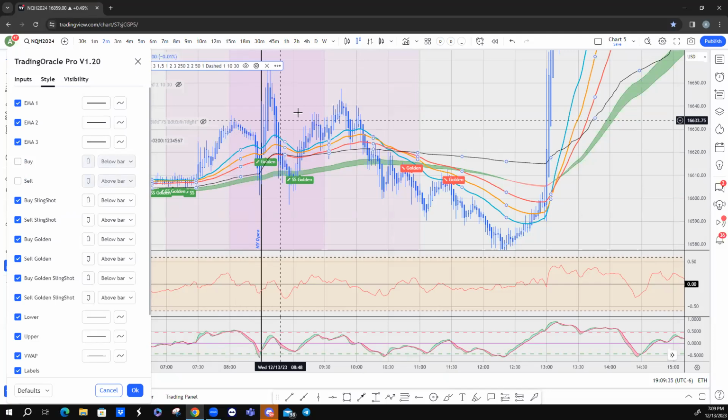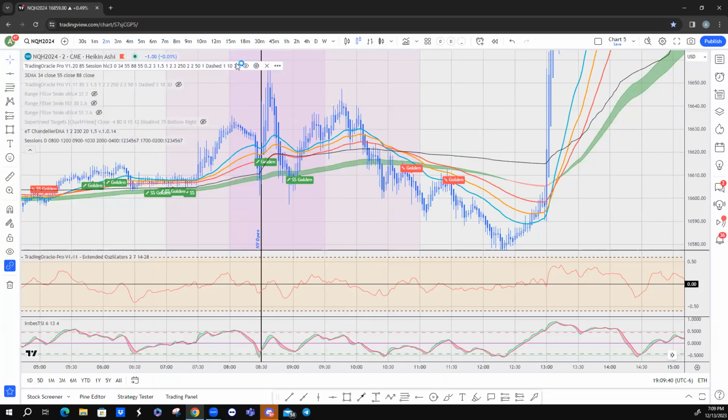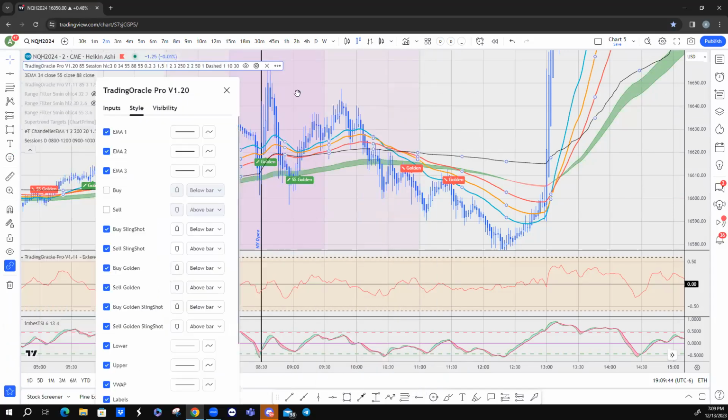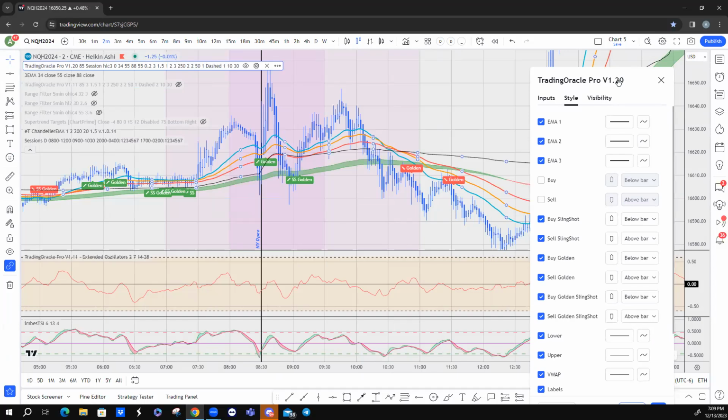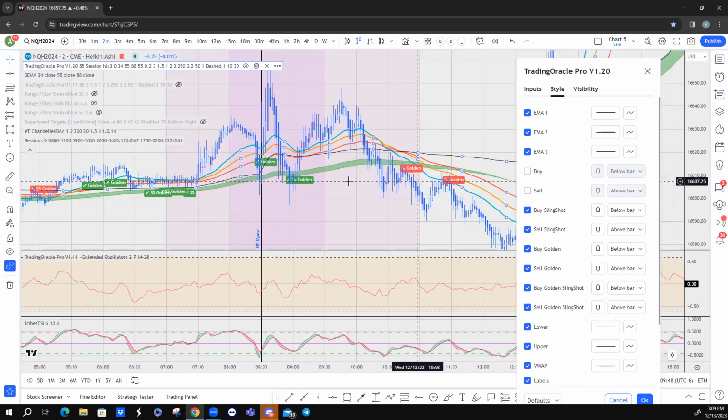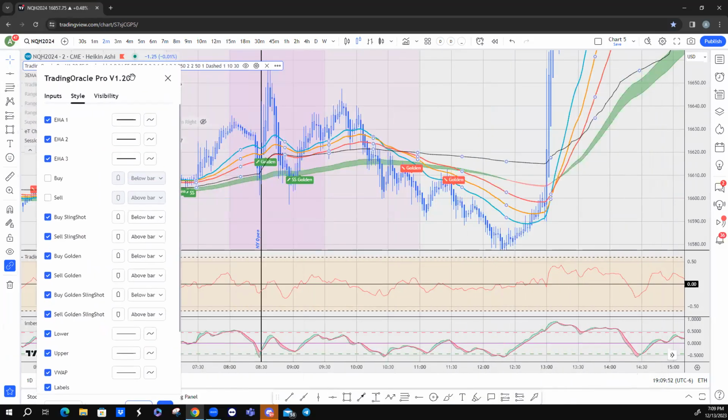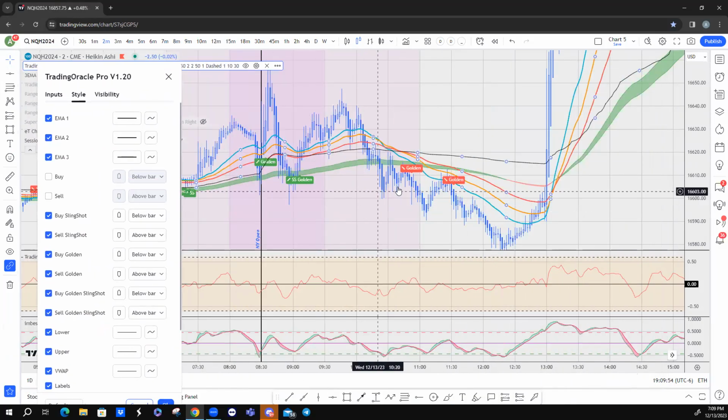So all these other little signals, like the ones that you were used to, are just hidden right now. And all you have left are your basic signals, like the golden and slingshots. So it just depends on how you like to trade. If you like to trade with trend, this can be very helpful.